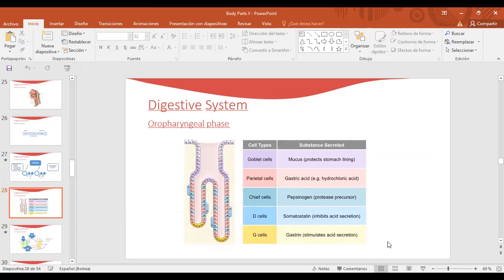Hydrochloric acid. Yes. Great. Any other? Parietal cells. Yes. Great.